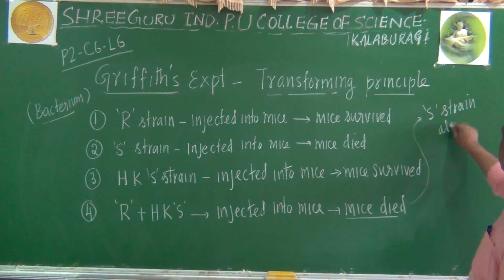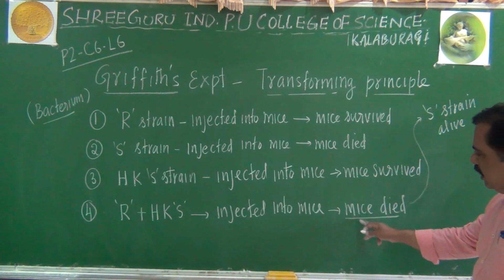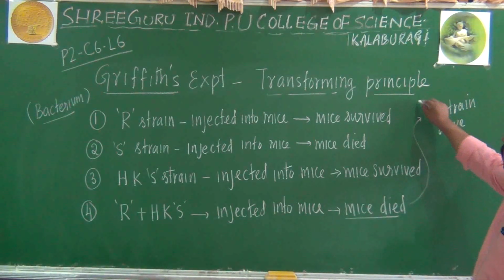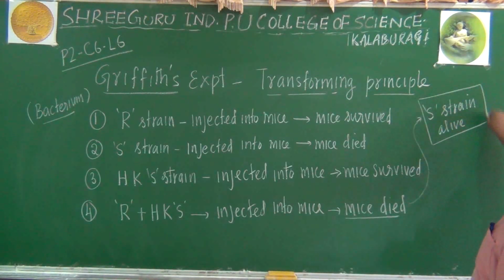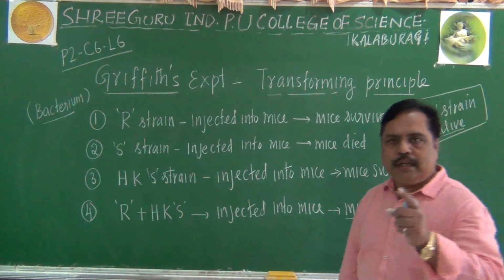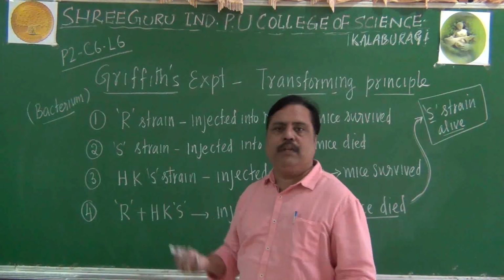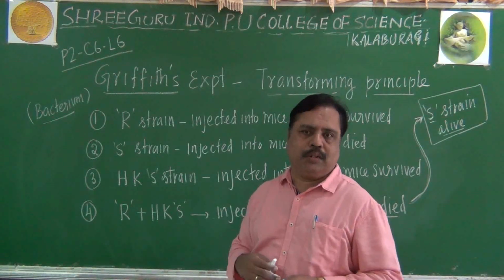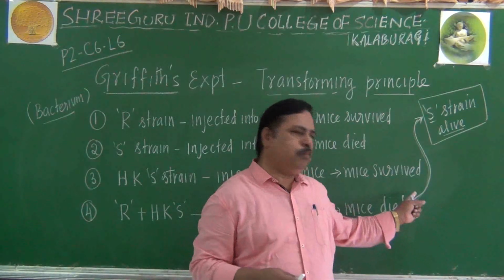Try to get this important point. When he extracted the tissues and blood of these mice, he found living S strain in their body. Heat killed S strain had become living S strain. How is it possible? This is the experimental proof.